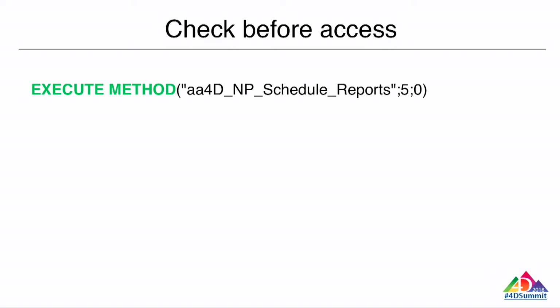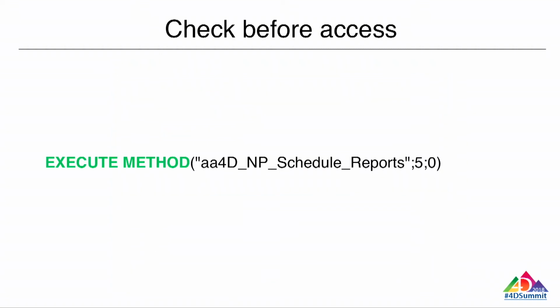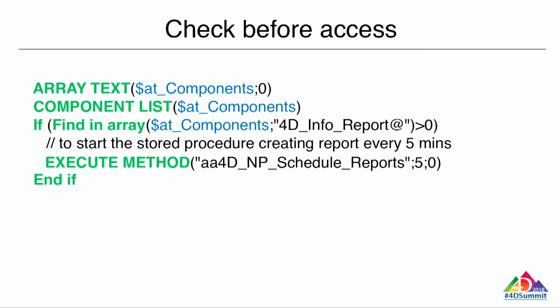But putting this command alone, and assuming that we did have the components in the components folder, we could get an error if we thought it was there and the project method was not found. So what we can do is use the component list to check if the component is actually there, and then find it in an array and execute the method.